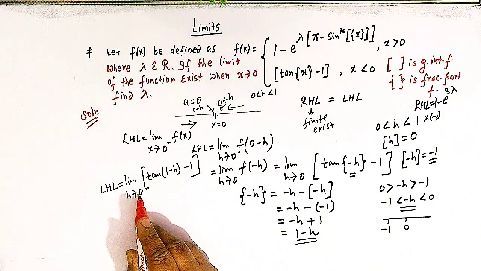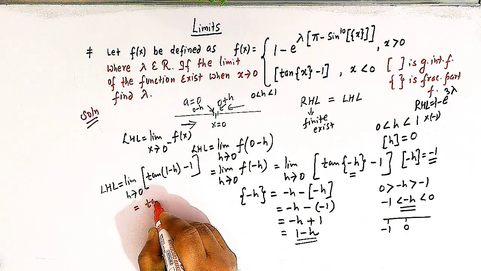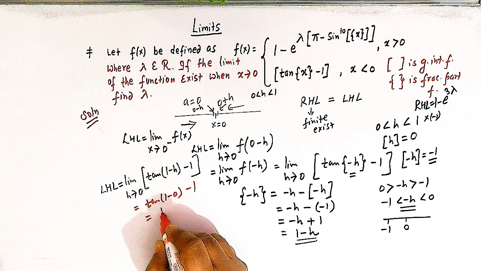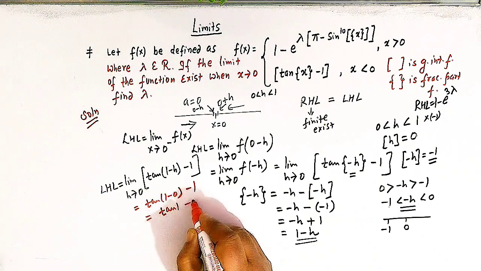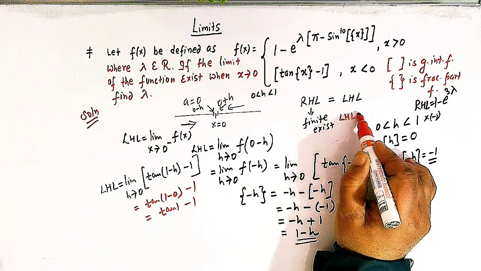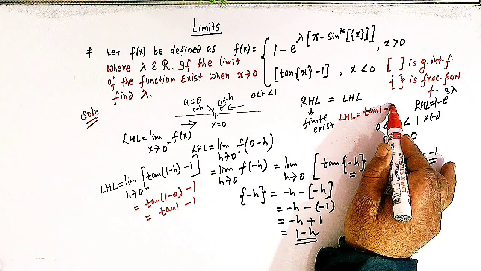So now h tends to 0, so here we have tan of 1 minus 0, minus 1. So this is tan of 1 minus 1, right? So the left hand limit is equal to tan of 1 minus 1.